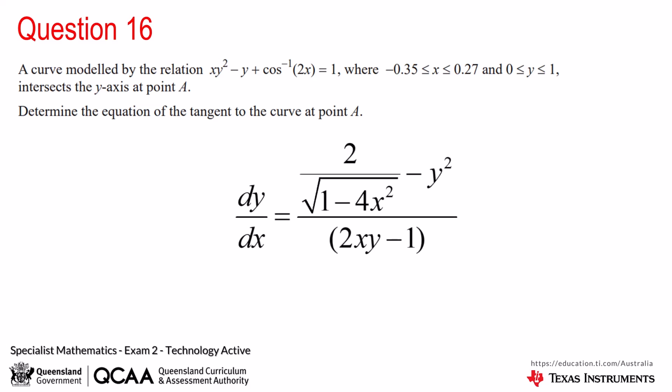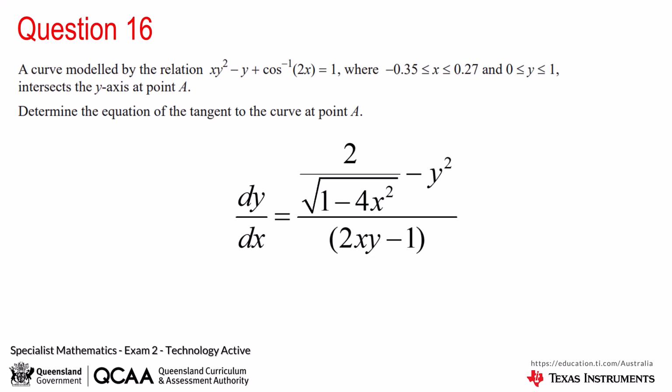And when you do that, you obtain that dy/dx is equal to 2 on the square root of 1 minus 4x squared, and that is all minus y squared on a numerator, and a denominator of 2xy minus 1.